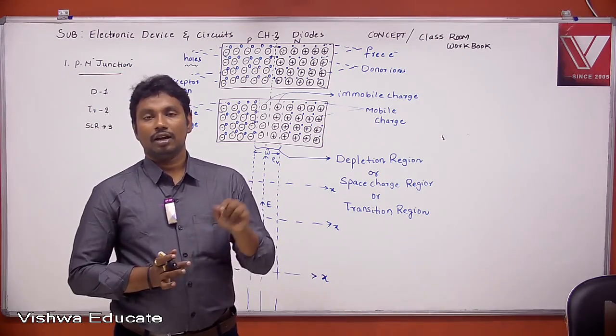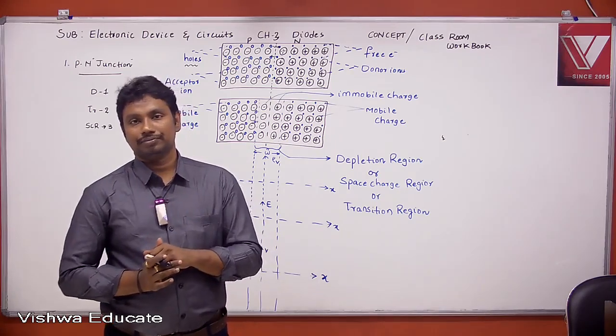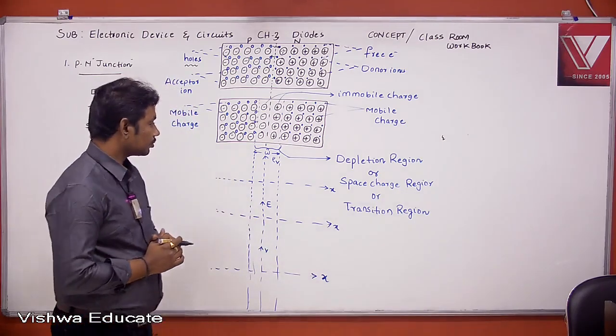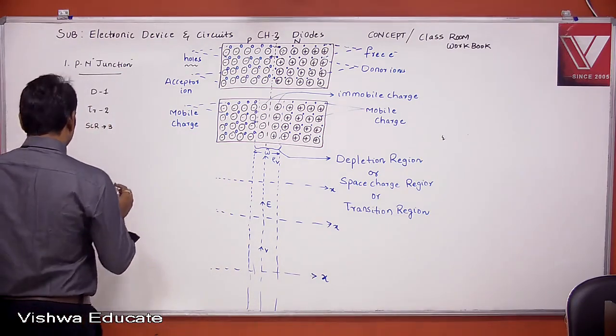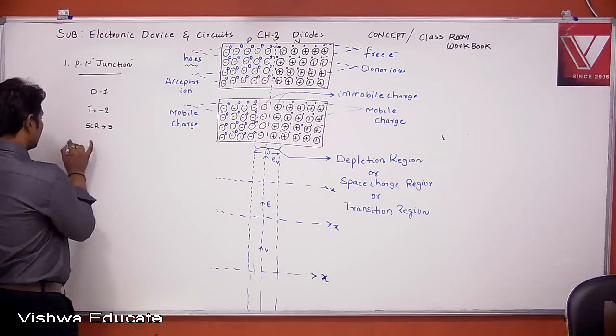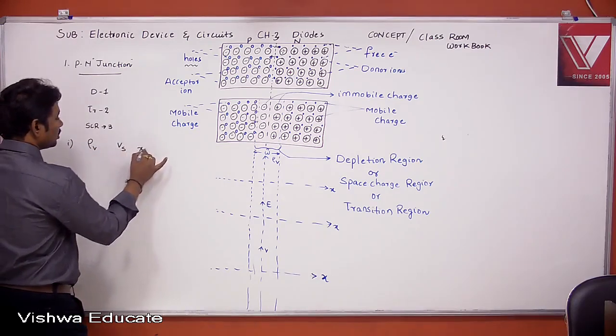Underline depletion region, space charge region, transition region. And next topic: charge density versus distance plot.